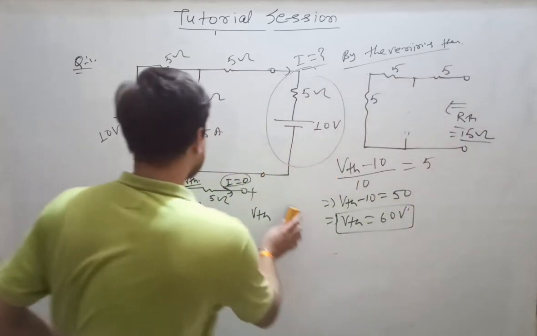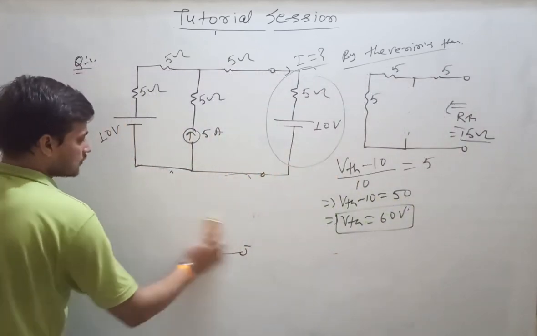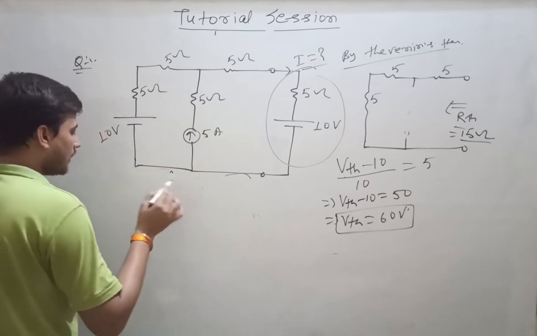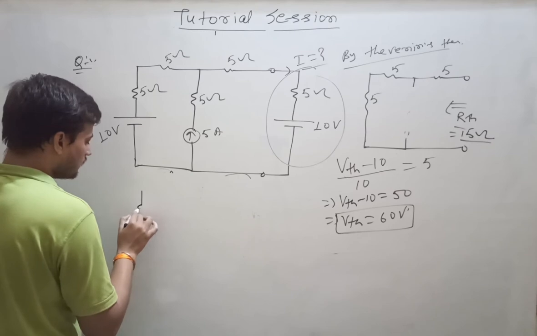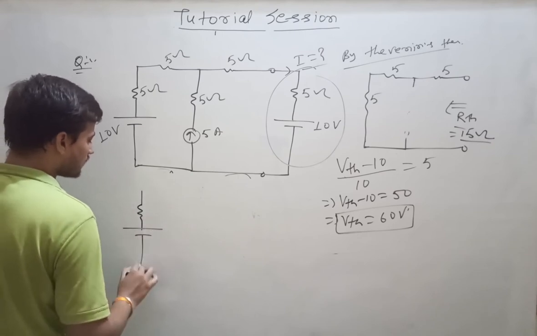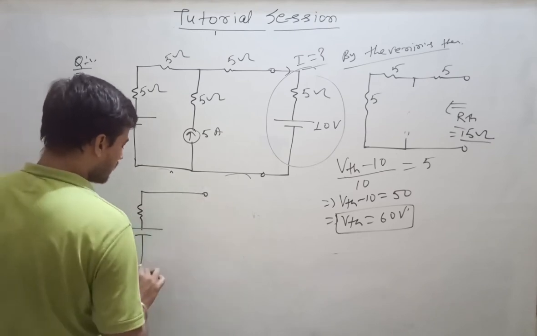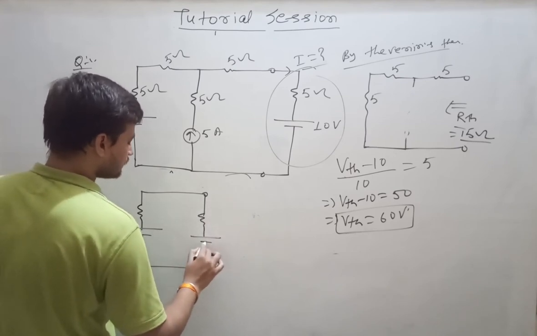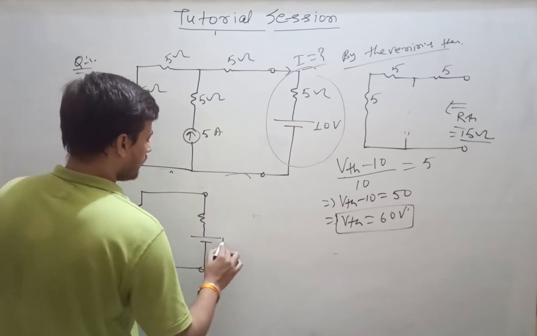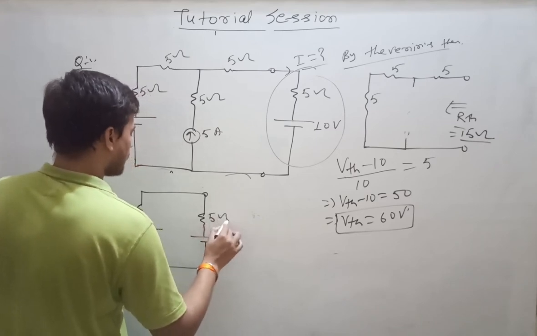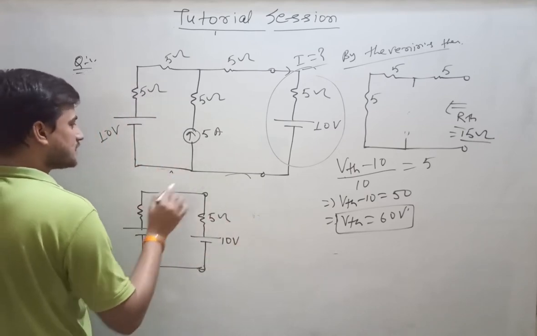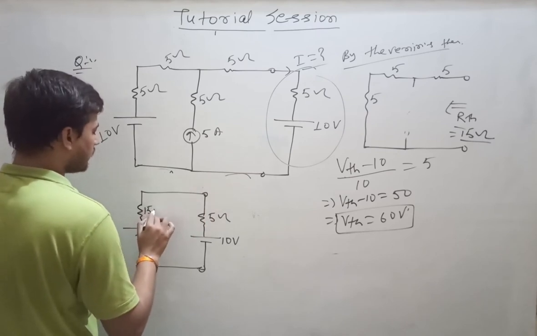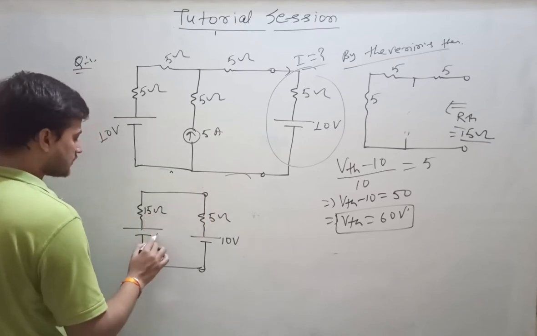Next you have to find the value of current I. We'll draw the Thevenin's circuit, and here we'll connect the load. The load was given like this one, 10 volt, 5 ohm. Here the value of RTH is 15 ohm and VTH is 60 volt.